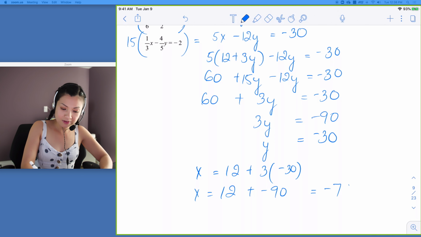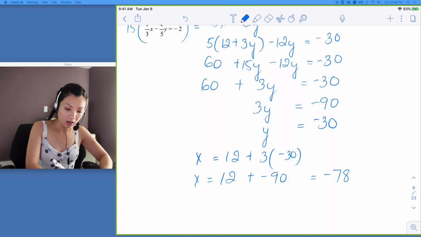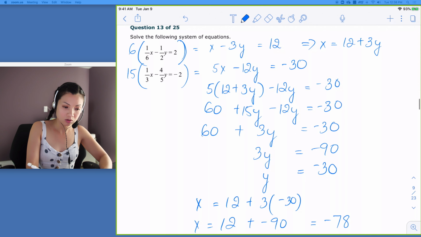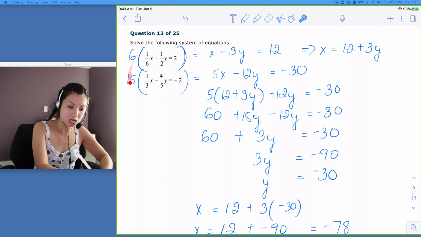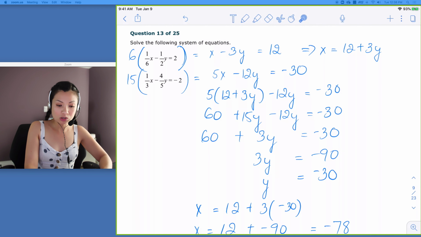So it's negative 78. Okay, don't forget you can always go back and check your solution by plugging it back in the original right here. Don't plug it in here because sometimes you make mistakes here. Okay, so make sure you always use the original to check your solution.